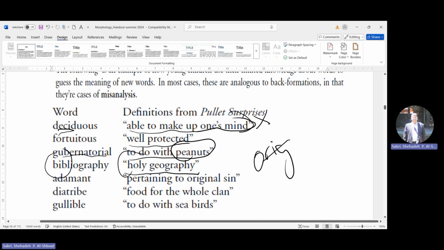So the meaning is inflexible and solid, but because it is Adam, they thought it pertains to Adam.